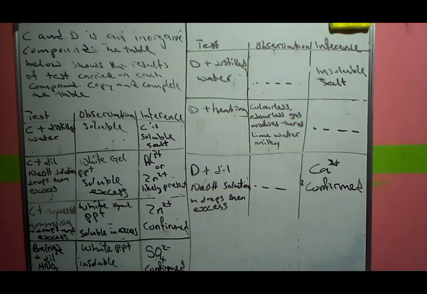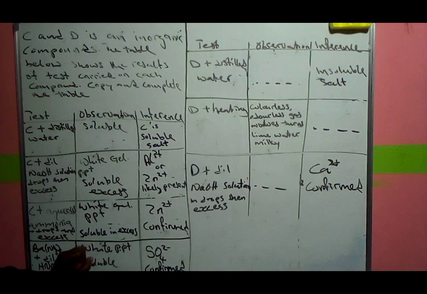The addition of dilute nitric acid will eliminate that carbonate and also eliminate sulfite, which is likely to be here.